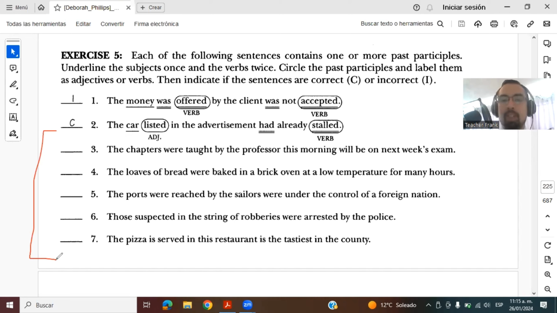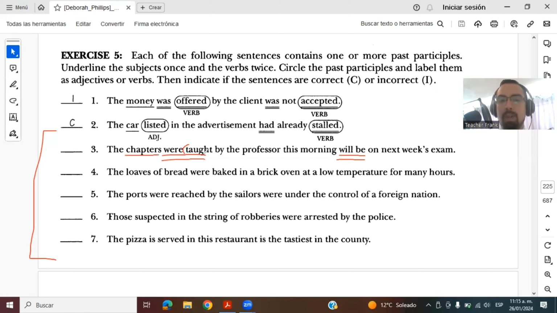Okay, ready? Number 3 says, "The chapters were taught by the professor this morning will be on next week's exam." So we have here a verb structure, were taught, and we have another one here, will be, right? Who or what will be or were taught? The chapters, so that's only one subject.